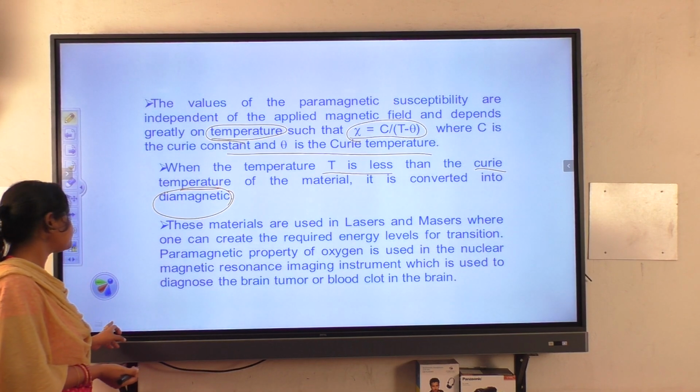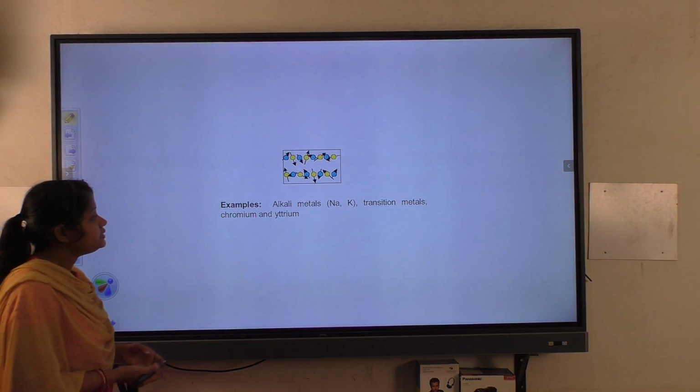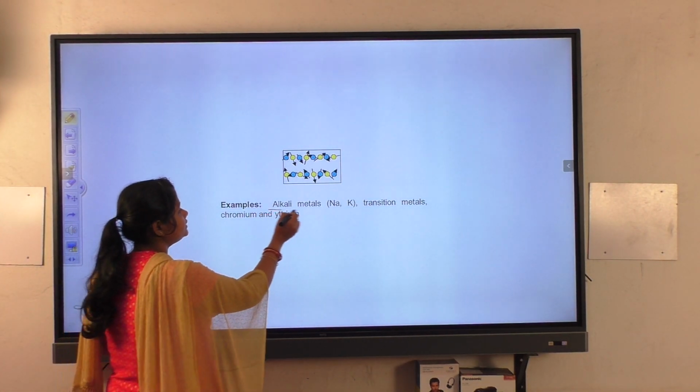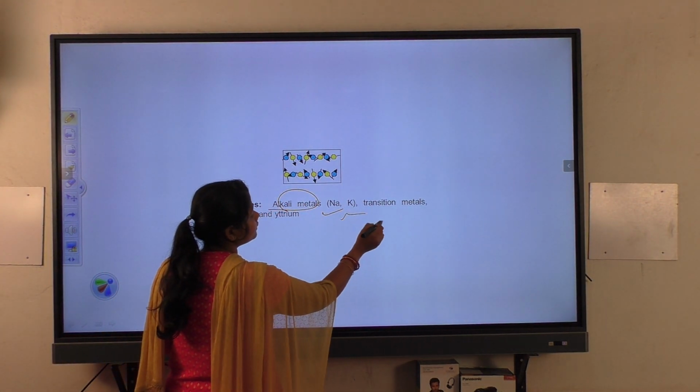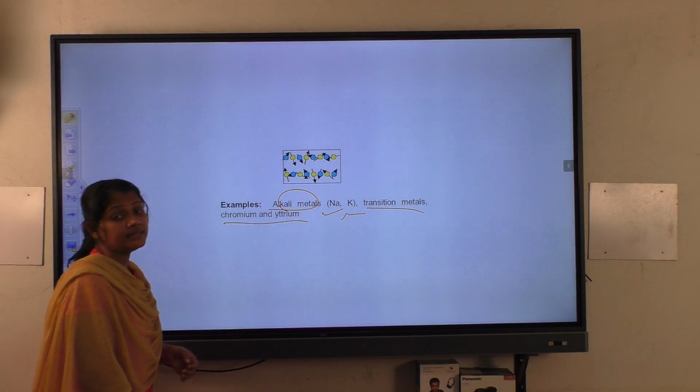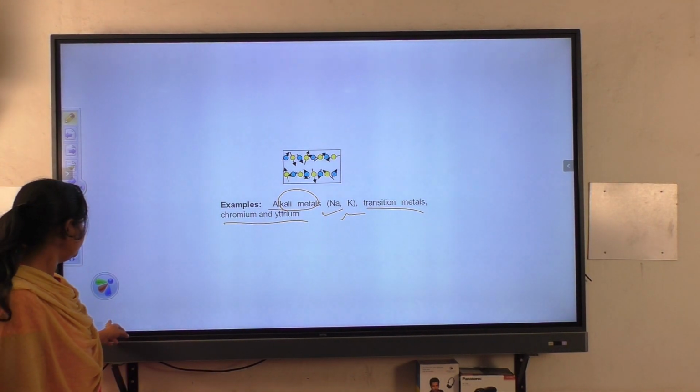Next, going to the examples of paramagnetic material, you can say alkali metals such as sodium, potassium, and transition metals, chromium and yttrium. These are the examples of paramagnetic material.